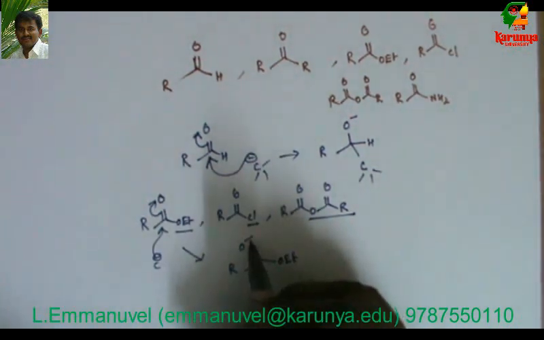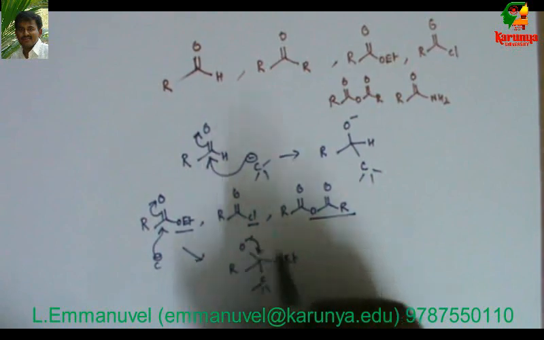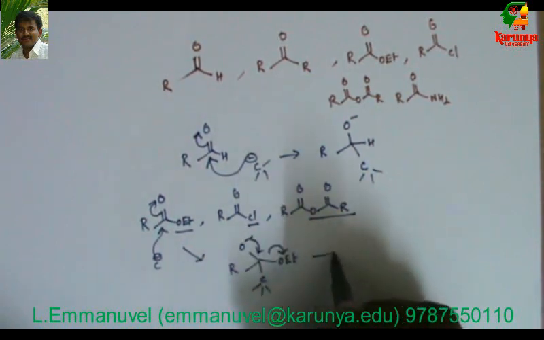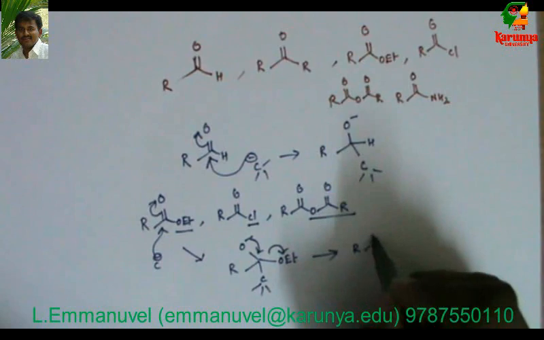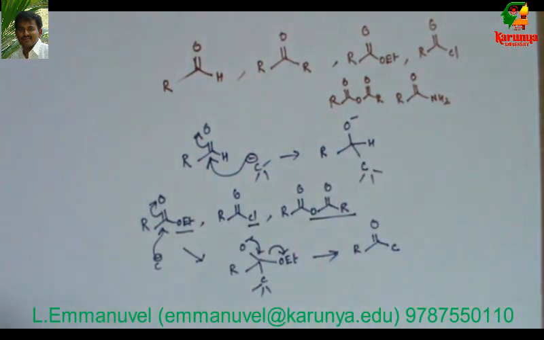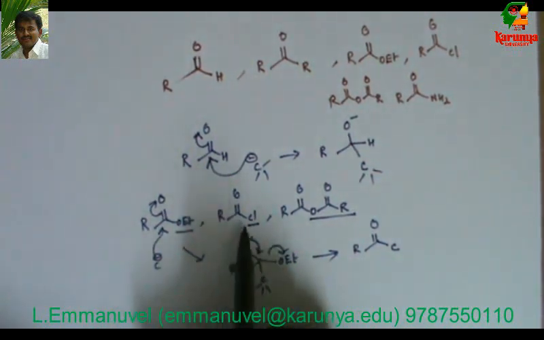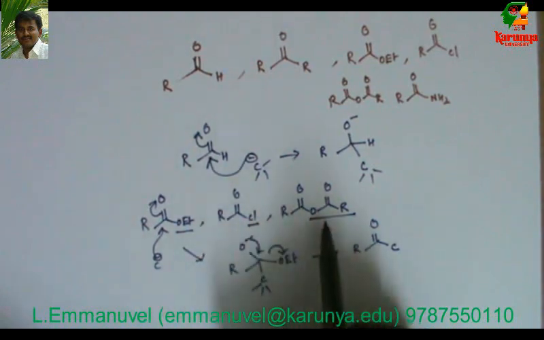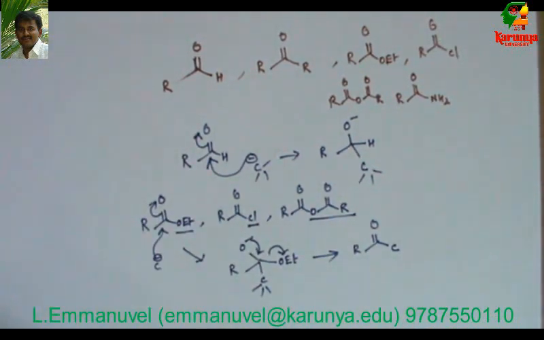But this minus charge can come back and can eliminate alcohol to give a ketone. Similarly, in this case, HCl will get eliminated. In this case, acetic acid will get eliminated.